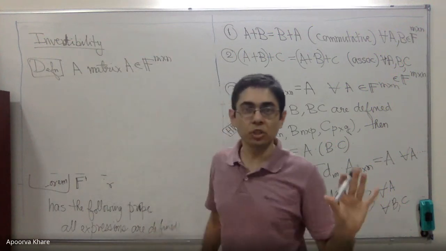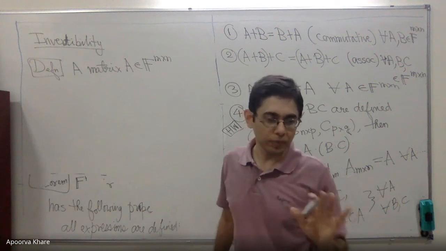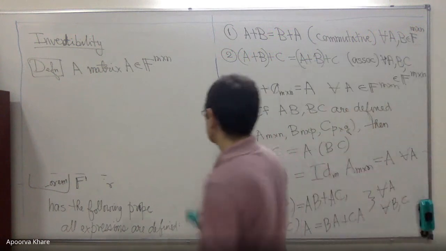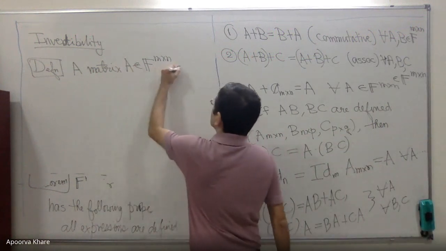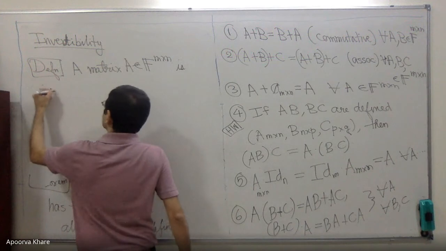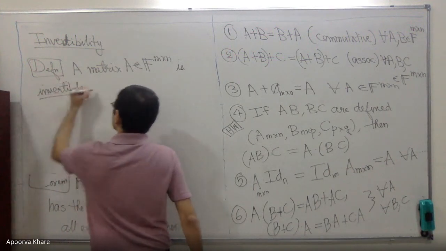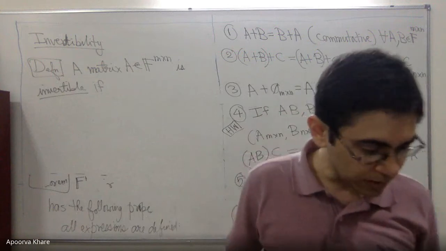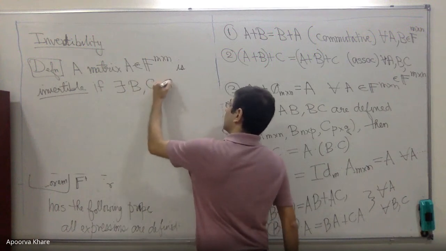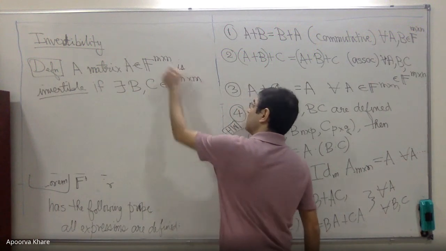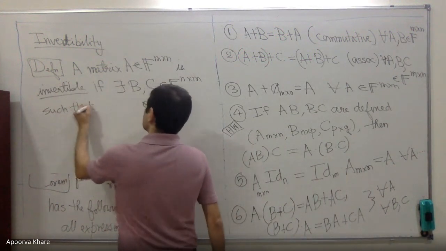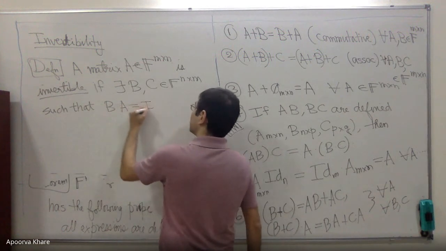in F to the M cross N. I'm assuming the matrix is rectangular. I don't want to make any distinction right now. We will get to that part later. A is invertible if there exist matrices B and C, both in F to the N cross M, so the other way around, such that B times A is the identity matrix, but of what order?